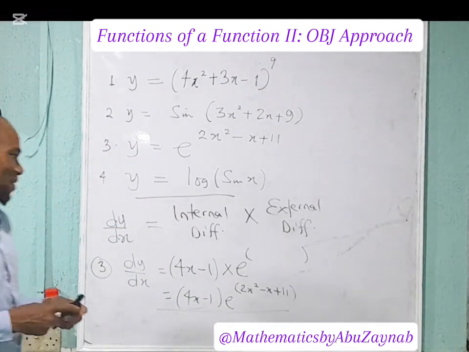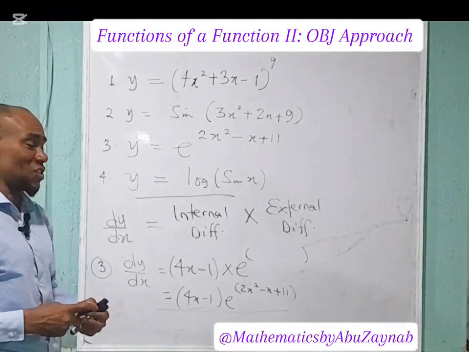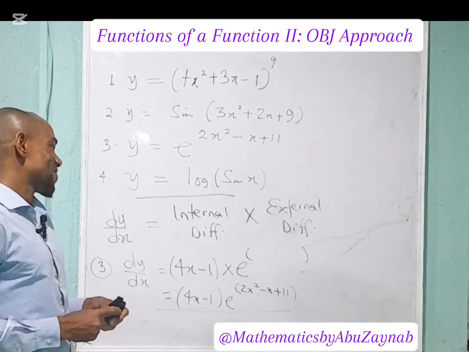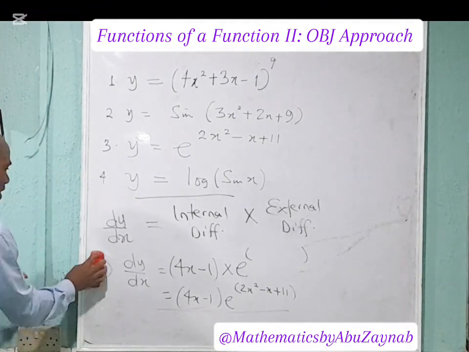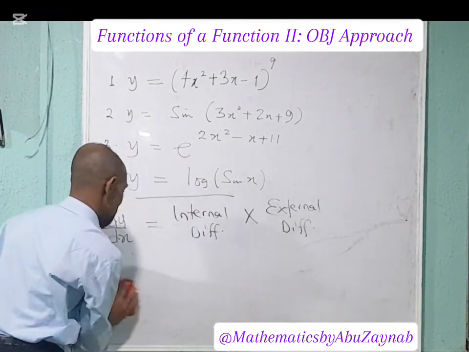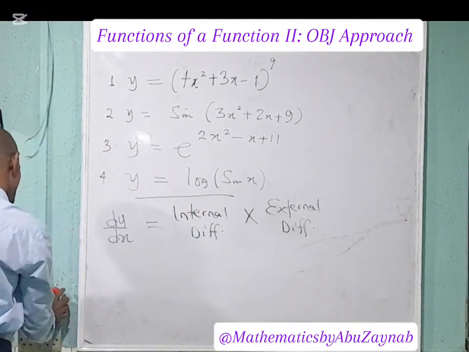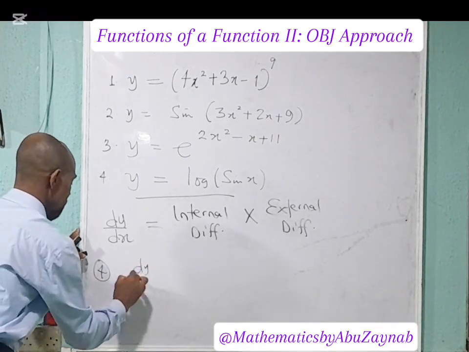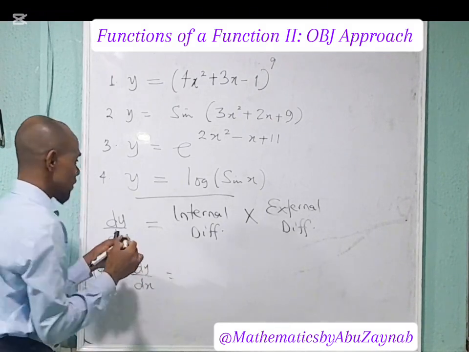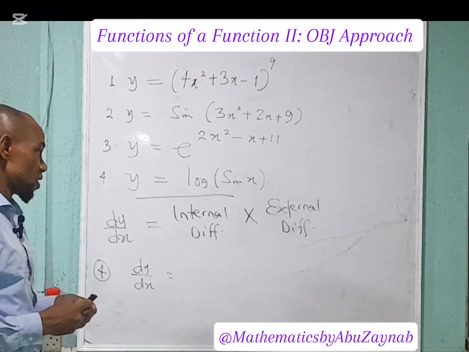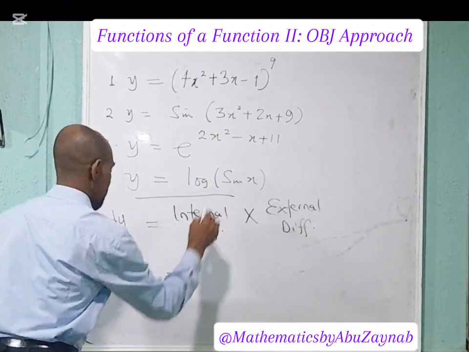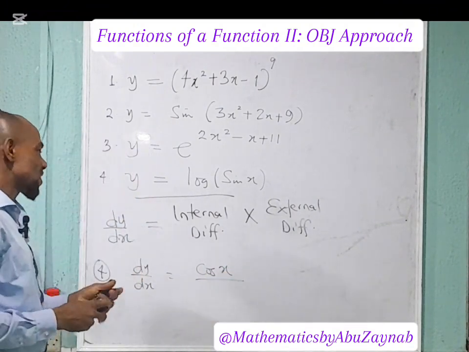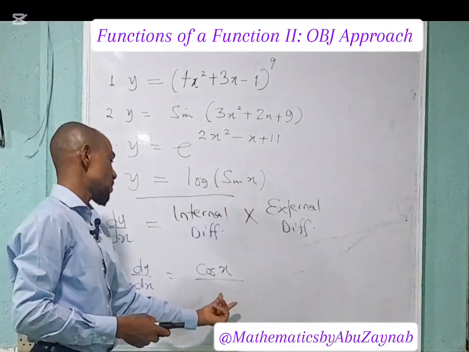If you're writing an exam that is multiple choice, at a certain level of proficiency, you don't even need to write anything down. Just look at the question and click your answer. It's that simple. And lastly, we have the logarithmic aspect of it. What is the rule for logarithmic? You differentiate the content of the bracket, which in this case is sine x. Differentiating sine gives cosine x, divided by, you exactly repeat the content of the bracket as denominator.